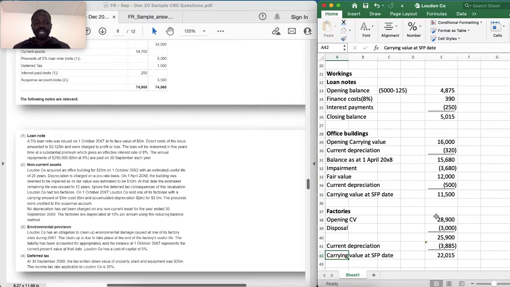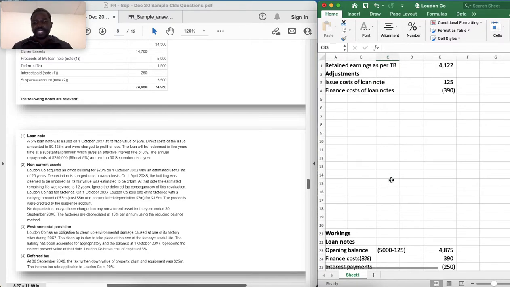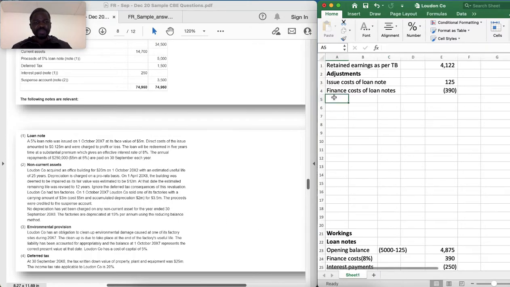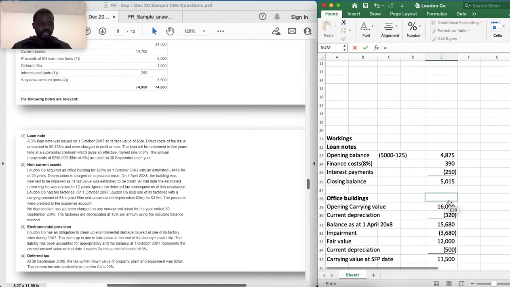Now we've got too much information that we need to transfer now to our statement, to our adjustments here. We have got depreciation of 320.